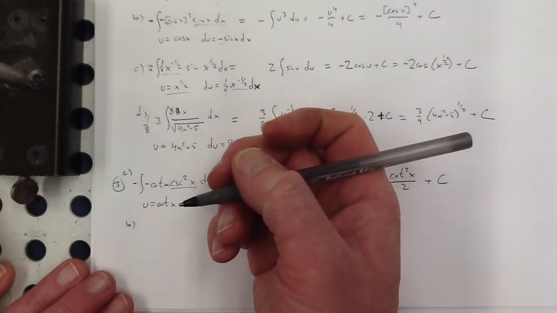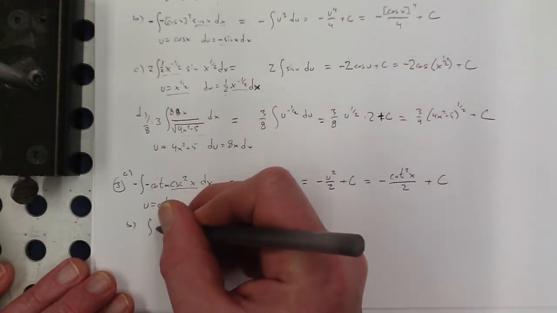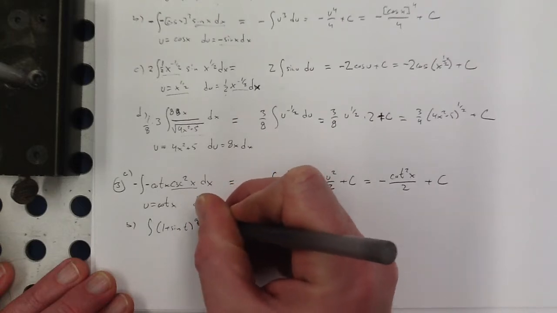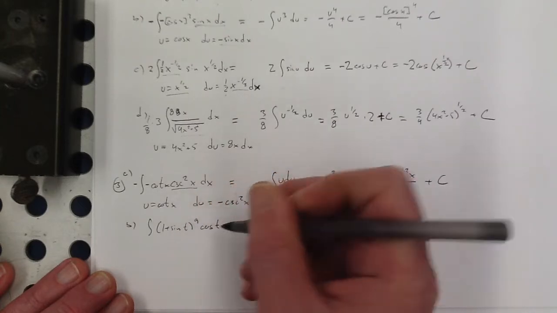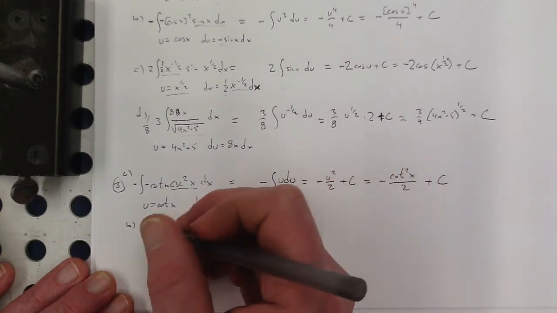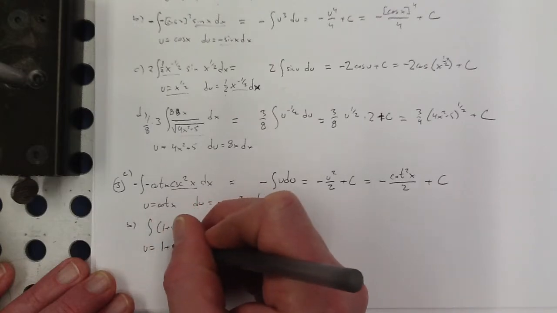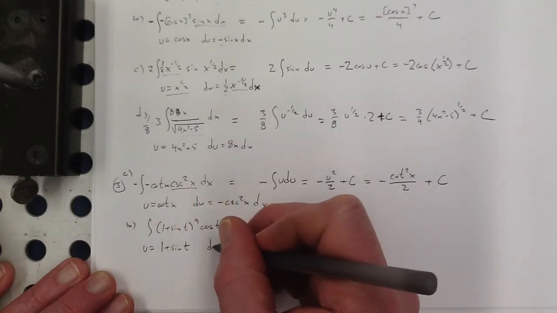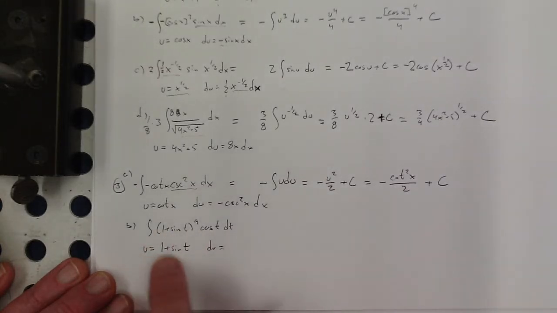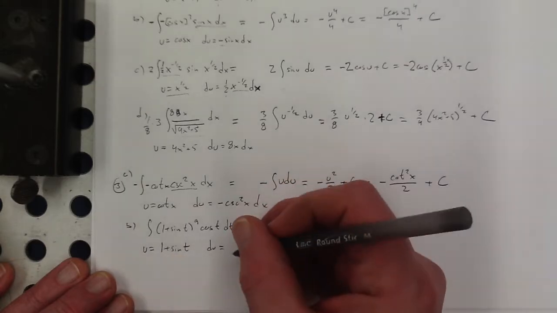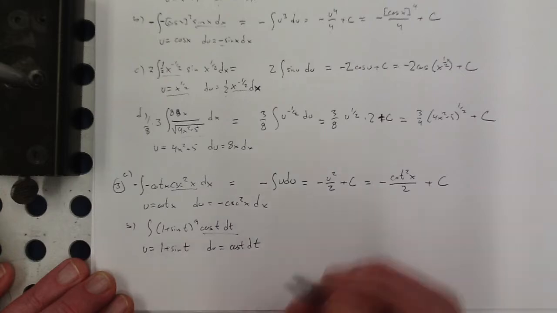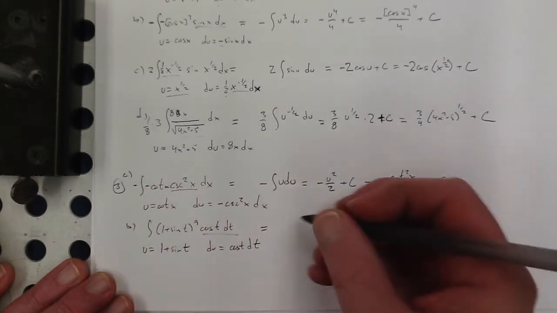B. Alright, so if the u is the inside thing here, 1 plus sine t, the derivative of 1 is 0, derivative of sine is cosine t dt, and I've got that right there, all good, no adjustments necessary.